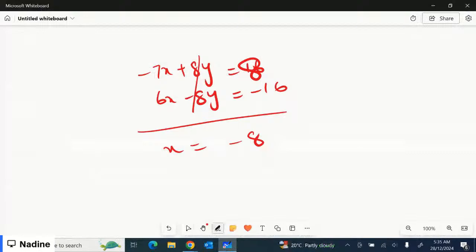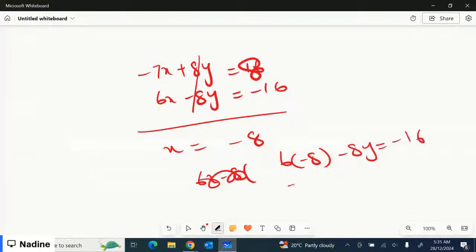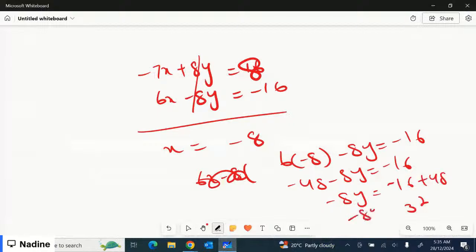Now you can substitute x equals negative 8 in any of the equations and calculate the value of y. Move negative 48 to the other side, it would then be added. So negative 8y equals 32, y equals negative 4.